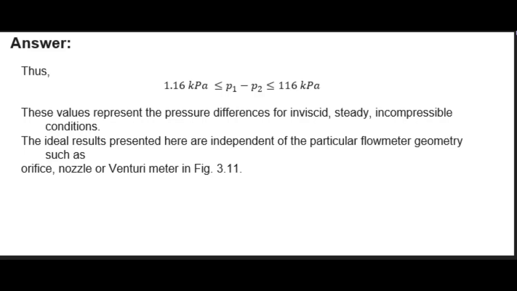This is the answer of the range in pressure difference. This value represents the pressure difference for inviscid, steady, and incompressible condition. The ideal results represented here are independent of the particular flow meter geometry, such as orifice, nozzle, or Venturi meter, as shown in figure 3.11.